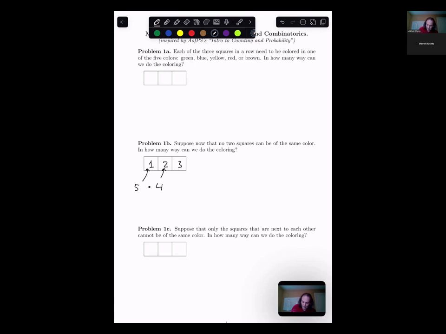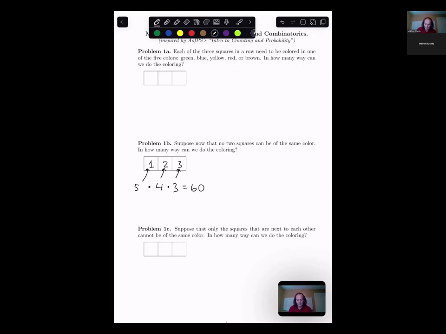Okay, and on the third step, how many choices do we have? Now we already colored two of the boxes. So two of the colors are already used and we cannot use the same color twice. So we have three options. And we just need to multiply all of them, right? So what do we get? We get 20 times 3, 60.